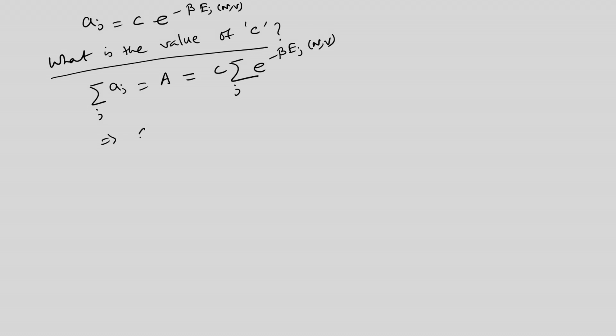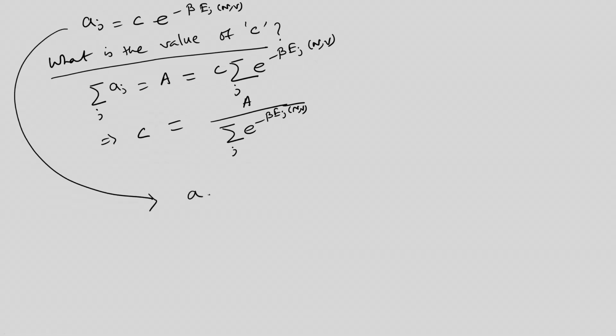Or we get C is A by the sum over j of e to the minus beta EJ. If you substitute the value of C in the above equation of AJ, we get AJ is A e to the minus beta EJ by the sum over j of e to the minus beta EJ.